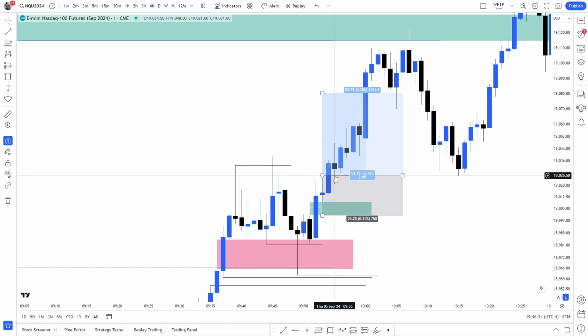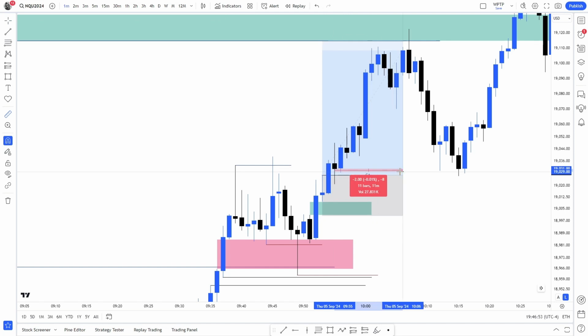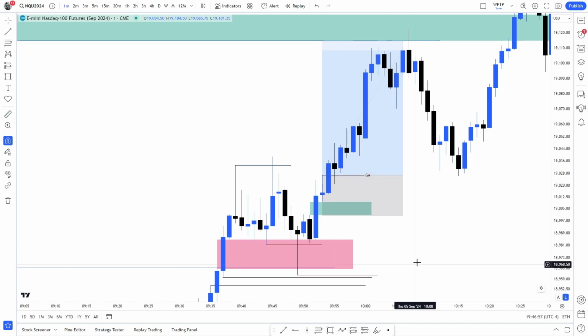No. So if we enter here and price is coming down and touching the breakaway gap, you can reduce your risk by half or 30% or any amount of the trade that will make you feel comfortable. So our take profit goes here, so that's a 1 to 3 and it hits in 12 minutes. So a 1 to 3 in 12 minutes.